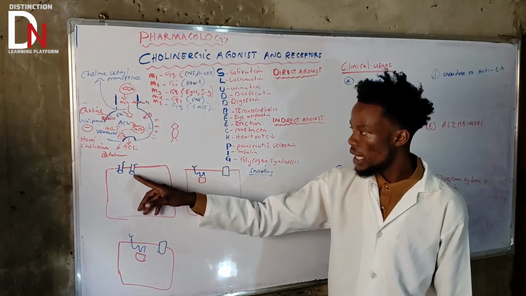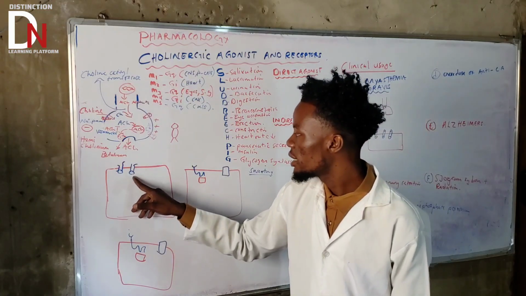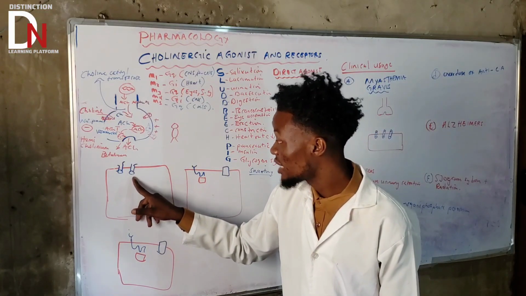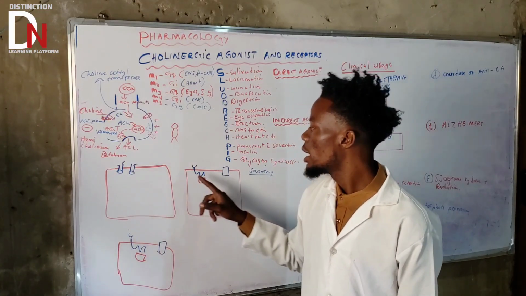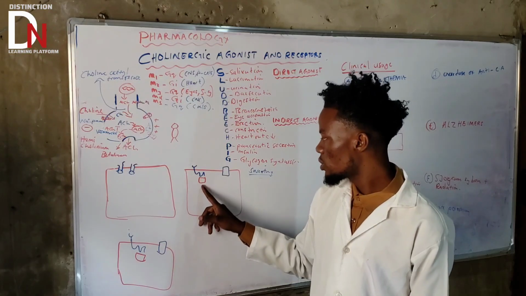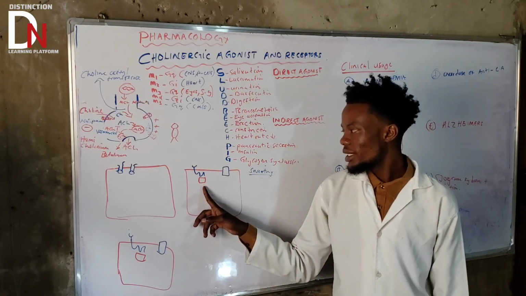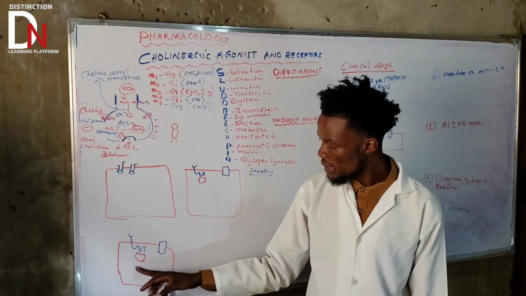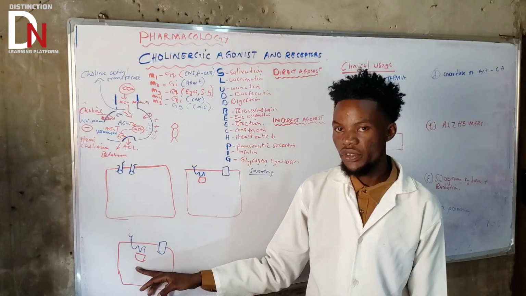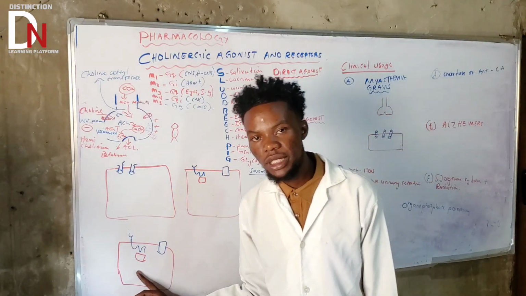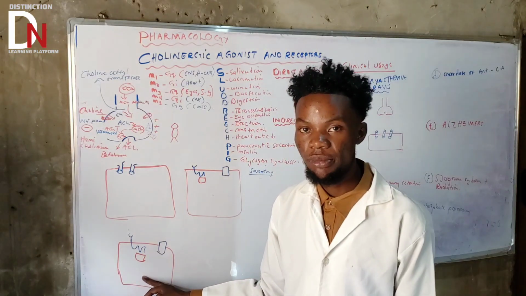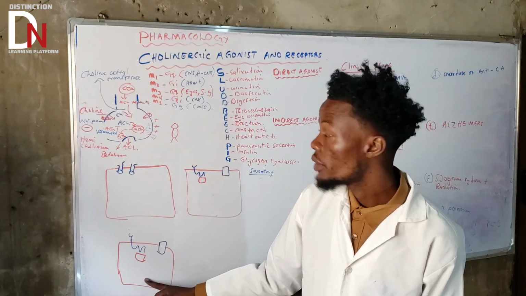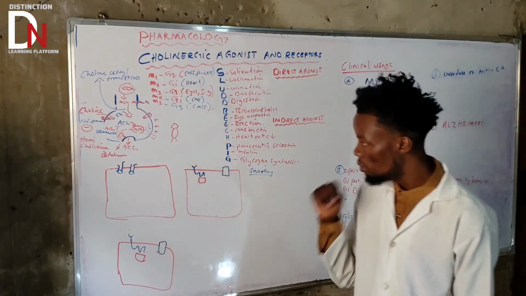The first one has ligand ion gated channel type of receptors. There's these two. This one is a G protein coupled receptor, and also this one is a G protein coupled receptor. Remember that a G protein coupled receptor is a 7 transmembrane type of receptor. So we'll talk about that.